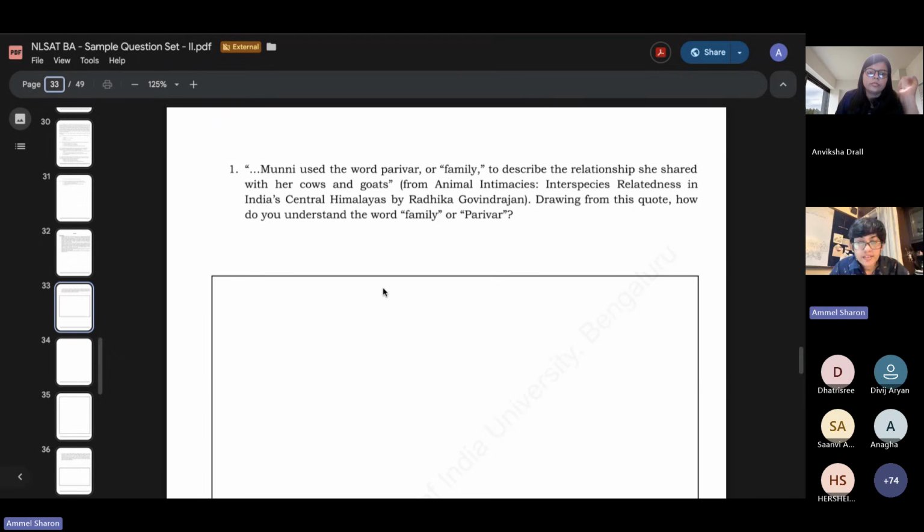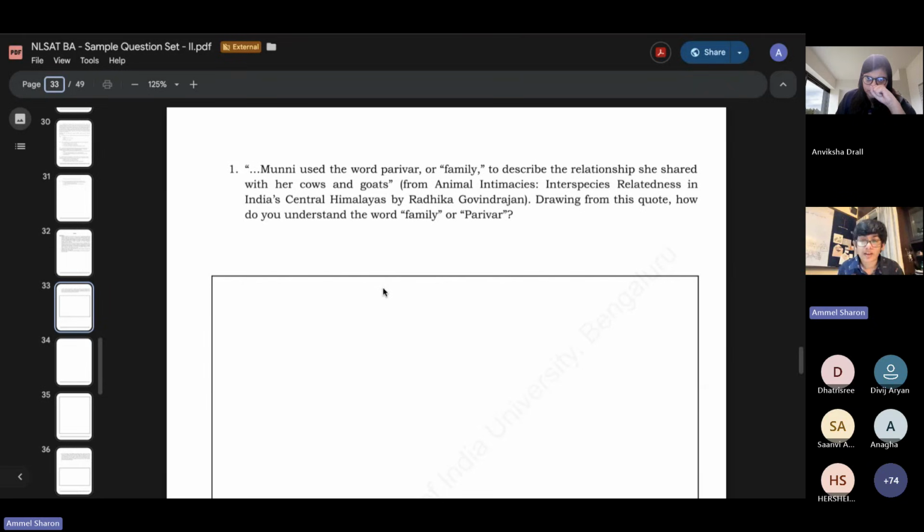When we look at this question, we understand that the subject of the question is family. But it's also about a slightly different notion of family. What's the commonsensical notion of family? In our case, it has to do with humans and blood relations.